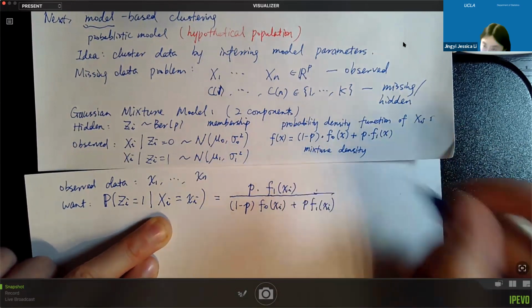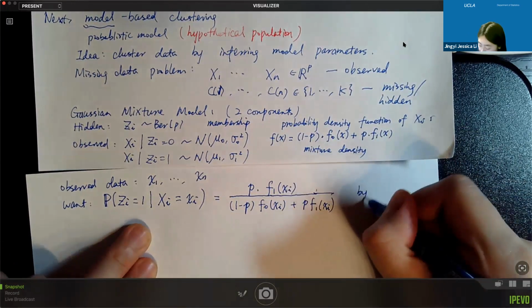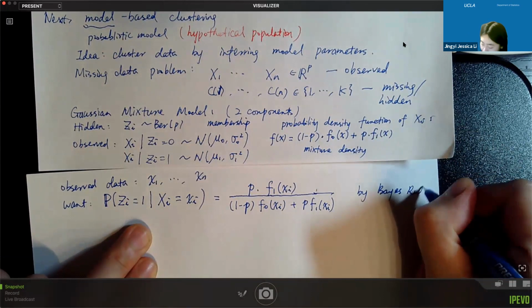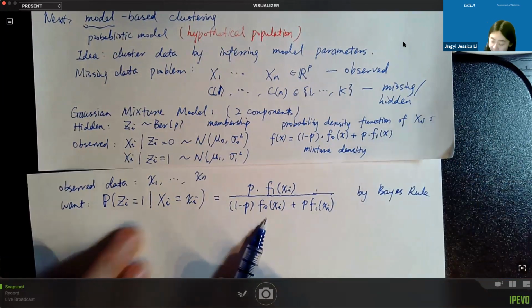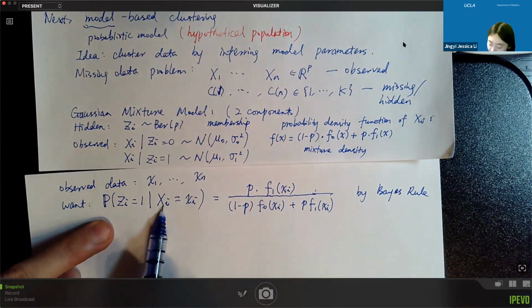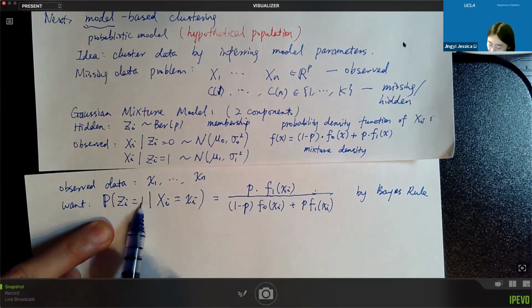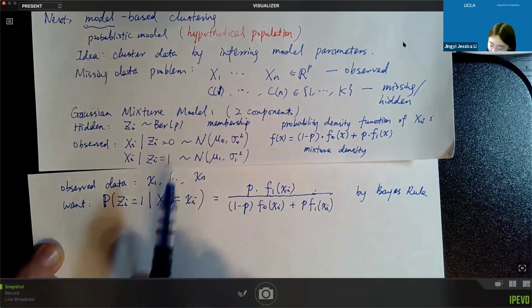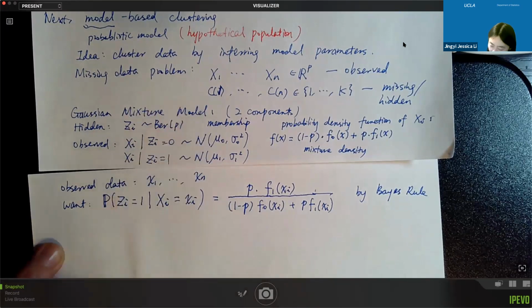This is by Bayes' formula, Bayes' rule. We have this. Then we can decide whether we will cluster xi into cluster 1 or cluster it into cluster 0, defined by 0 or 1 for the two clusters, based on this probability.